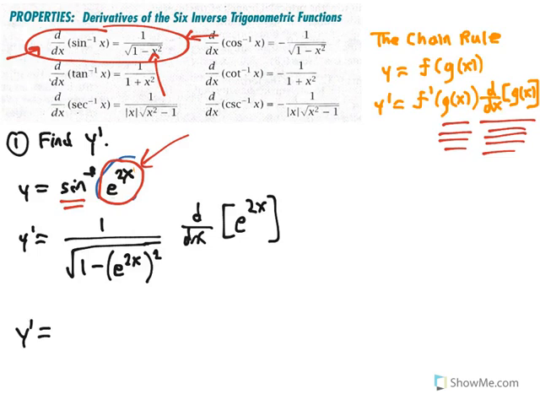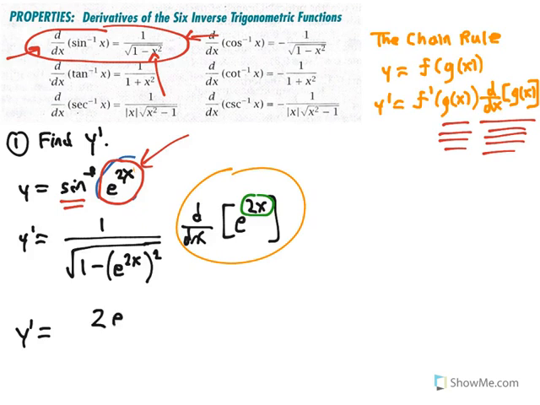So now to continue to find this derivative, you need to use the chain rule again, because you have a composition of 2 functions where the outside function is e to the x and the inside function is 2x. The derivative of e to the 2x with respect to x would be e to the 2x multiplied by the derivative of 2x, which is 2.